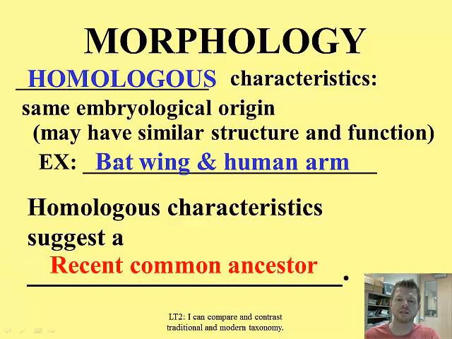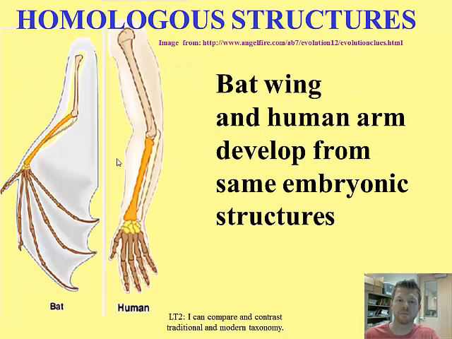So this suggests common ancestry, suggests that these organisms are related. You can see how closely related the human arm and the batwing are, because basically a batwing has the same bones and everything as the human arm, except for the fingers are really long and there are these membranes of skin in between that allows them to fly.